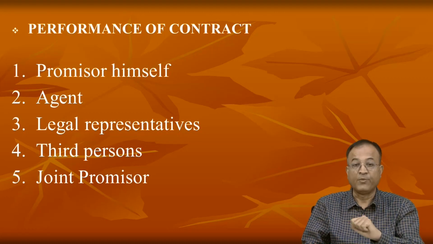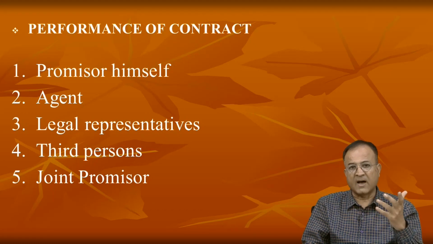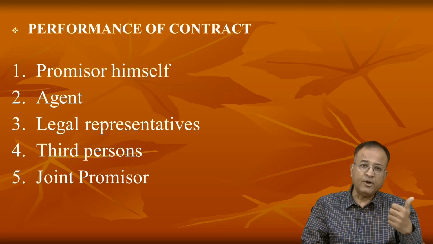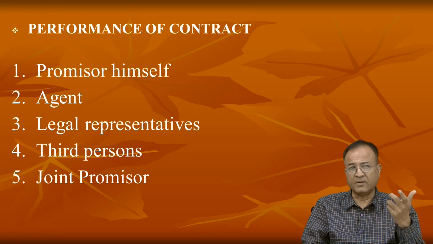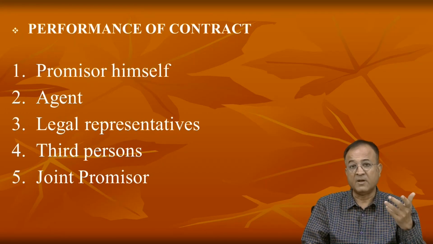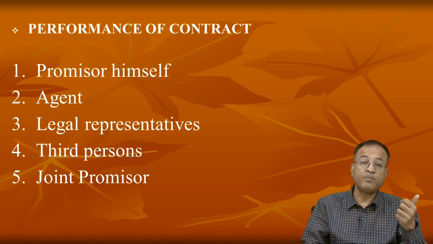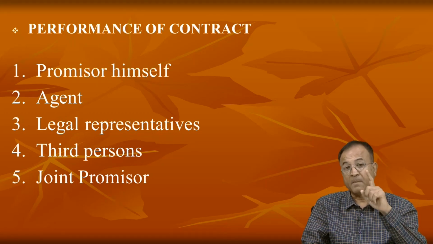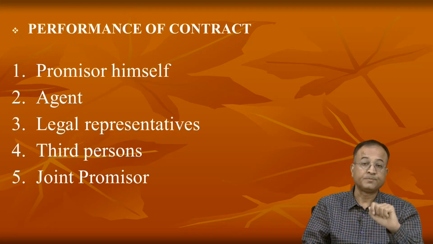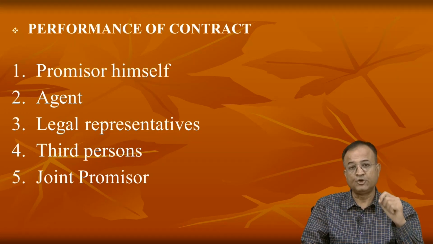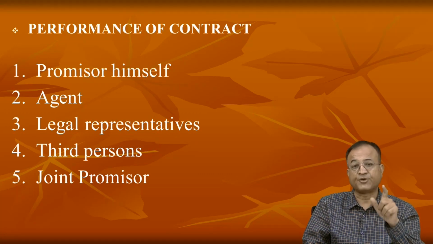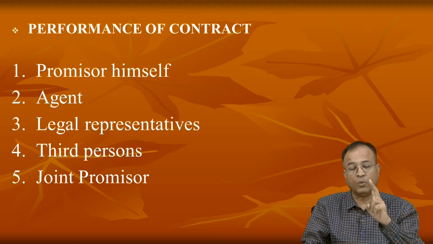Section 42. The few things are rules regarding this. A. Any one of the joint promisors may be compelled to perform, Section 43 para 1. B. A joint promisor compelled to perform may claim contribution, Section 43 para 2.